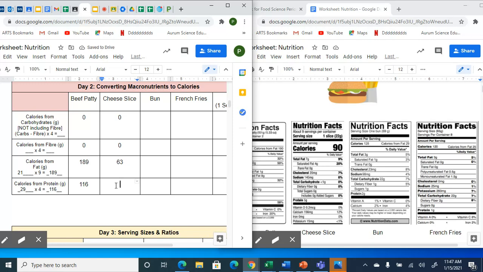And protein, 5 times 4 is 20, right? Yeah, 20. All right. So you're going to continue to do that for the next two.